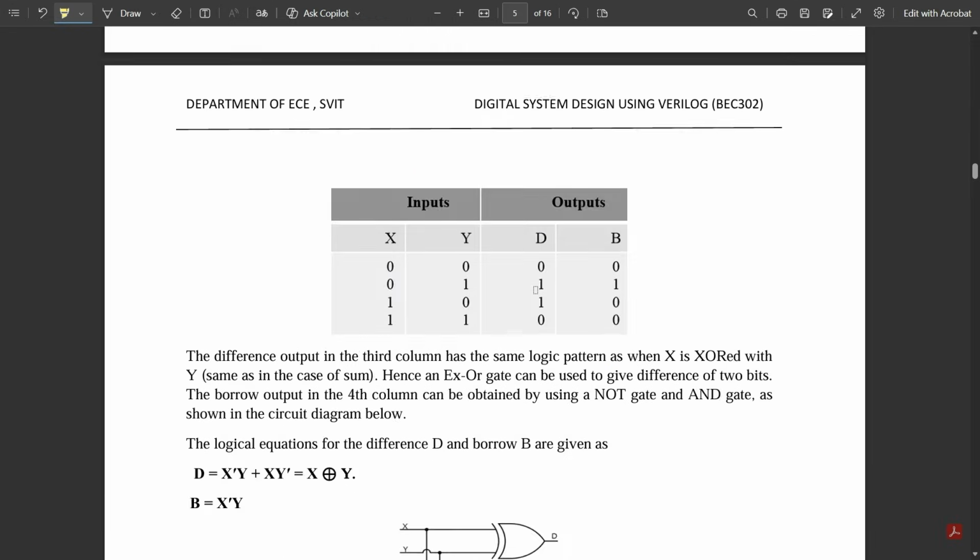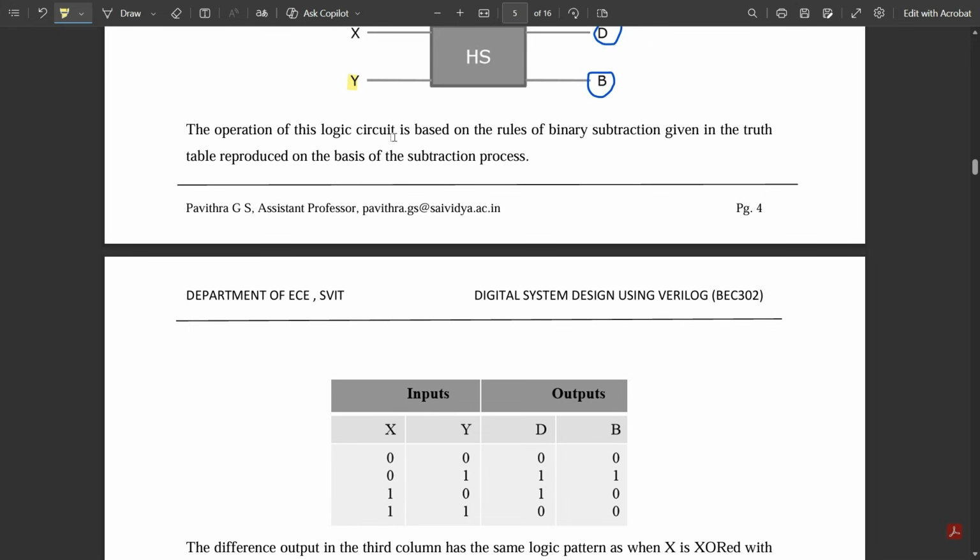Please note it down. Now, the operation of this logic circuit is based on the rules of binary subtraction given in the truth table, represented on the basis of the subtraction process. Okay, so basically here we are performing the binary subtraction, and based on that only, with respect to the number of combinations taking place, we would be getting the expressions for difference and borrow.